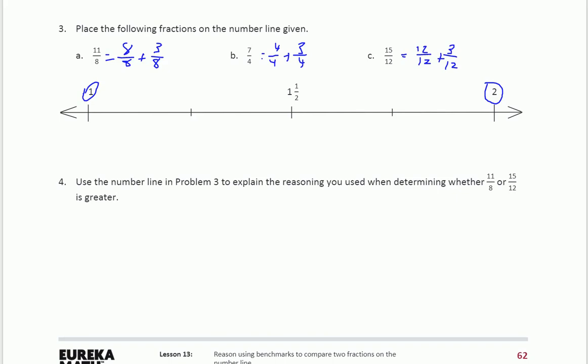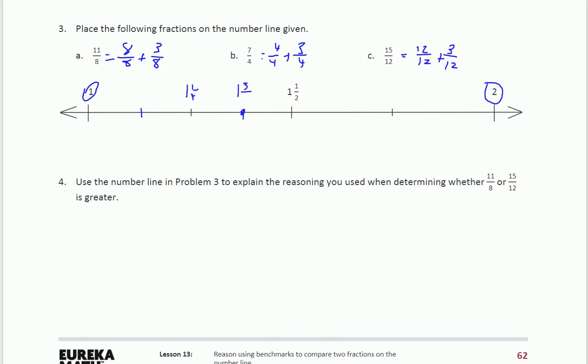So that would be 1 1/4 right here. If we wanted eighths, all we'd have to do is cut these in half again, and then we can look at this and say 1, 2, 3/8 would be right here. So this right here is our 1 3/8.